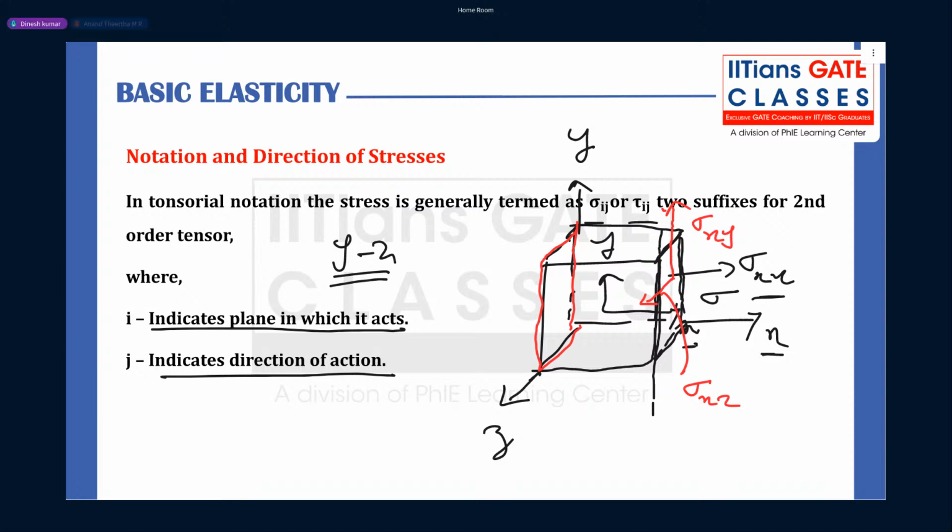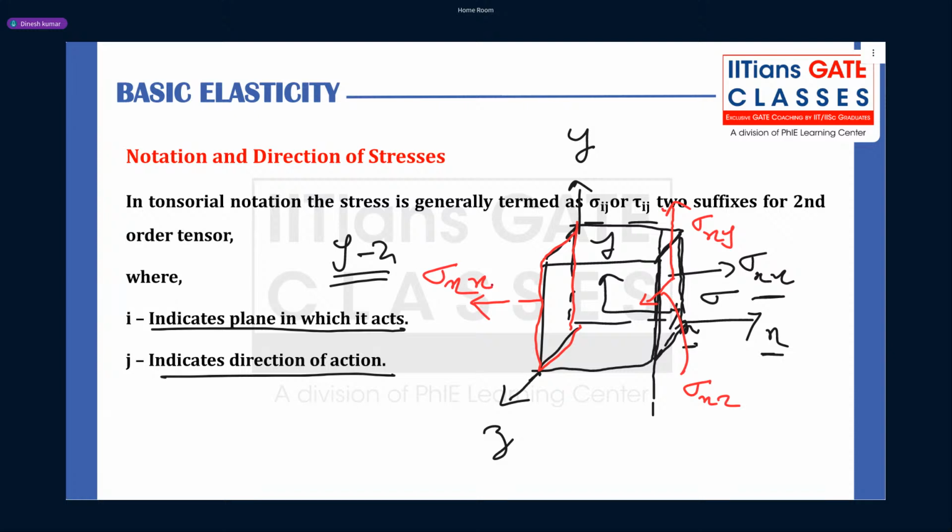Negative, right? So this is in the negative direction. Again, what is the plane? It's a yz plane, but x is going in the negative direction. So the plane is still x, the negative x plane, and the direction is also x.